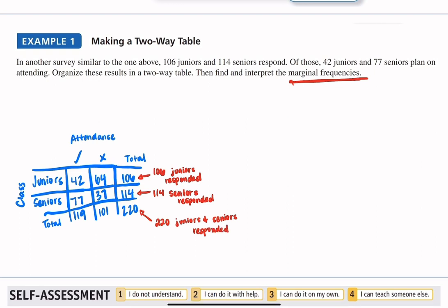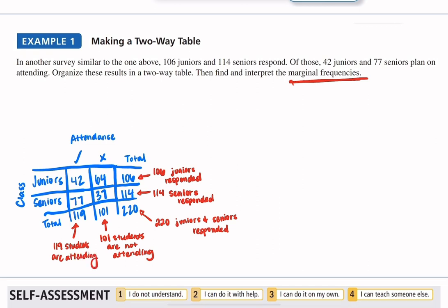Then these totals over here, this one is in my not attending column, so 101 students are not attending. And then finally, this one is my attending column, so 119 students are attending. All right, and if you want to pause on this screen so people can finish writing, I'm sure I wrote a little quickly, but that is your two-way table and your marginal frequencies.